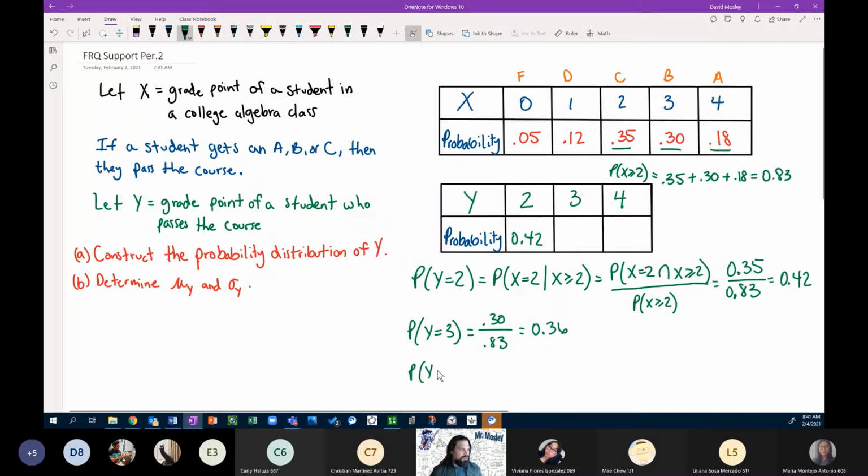And then the probability of Y equaling 4 is 0.18 divided by 0.83, and that gives us 0.22. These decimals were obviously longer when I originally calculated them. I rounded to 2 decimal places because my original probability distribution for X was rounded to 2 decimal places, so I'm keeping the same amount of accuracy for this other distribution.